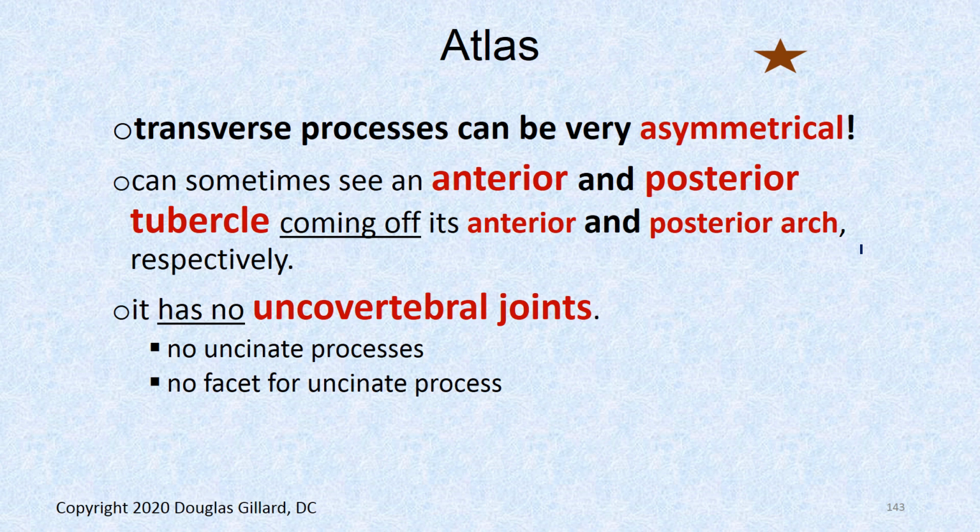Transverse processes can also be very asymmetrical. Sometimes one is short, sometimes one is long, sometimes it's bent. All kinds of things. There are no uncovertebral joints here. There's no Batman's ears with regard to the atlas. We talked about the anterior and posterior tubercles, which come off the anterior and posterior arch.